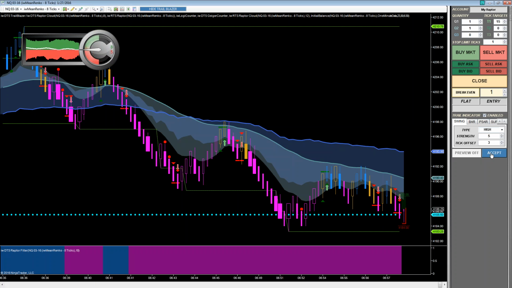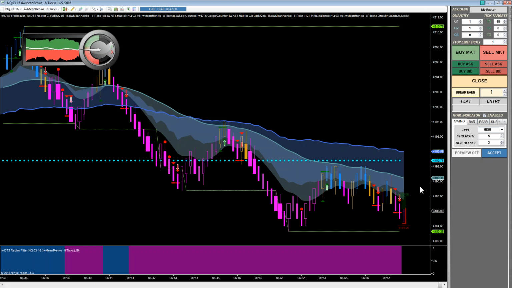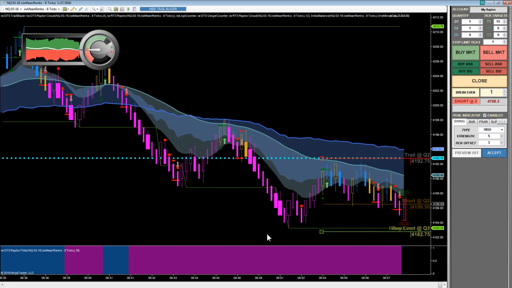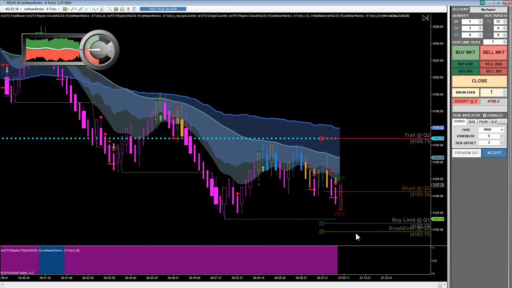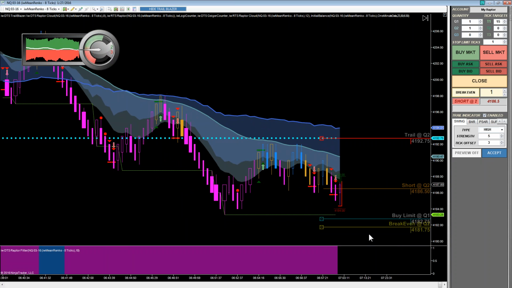I'm going to flip my stop over. I can just hit the sell market button and automatically I get my entry, I get my stop loss based on whatever my stop strategy is. I've got my break even trigger and I have my profit target, all with one click.